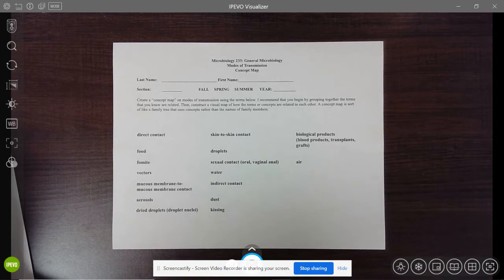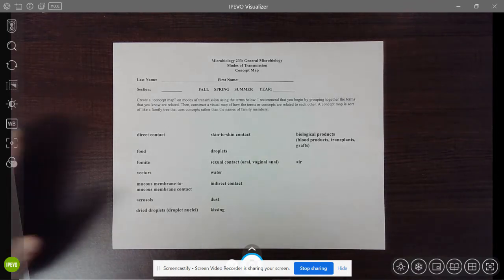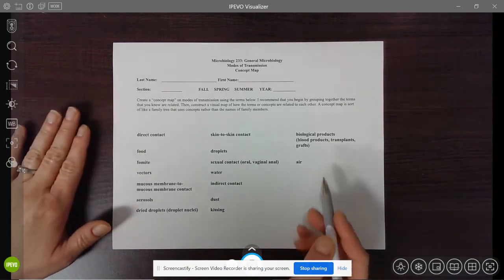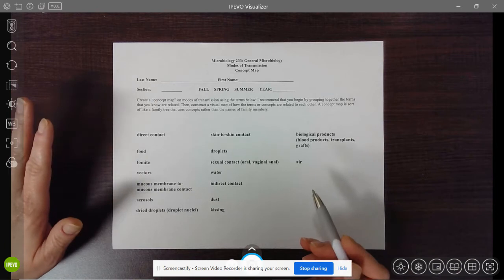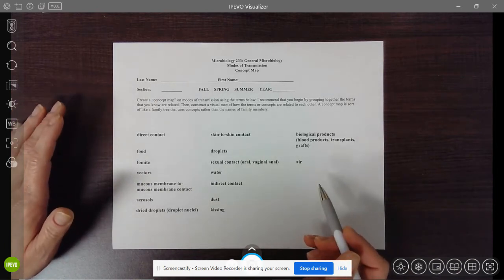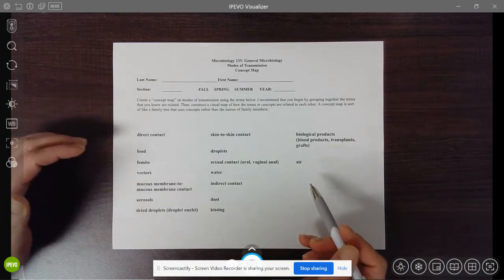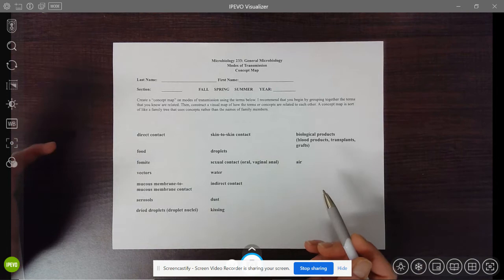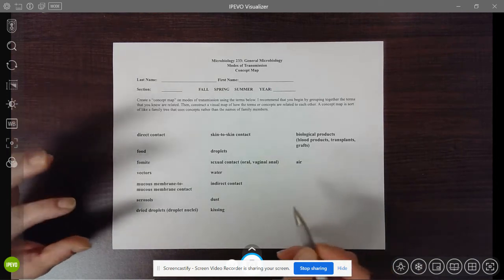And what I would recommend that you do before you try to draw out any type of visual map is just take a look at the concepts that are listed here and try to group what you know should be connected. You can also look for the concepts or the terms that are more general, or in other words, they would have different concepts connected to them.